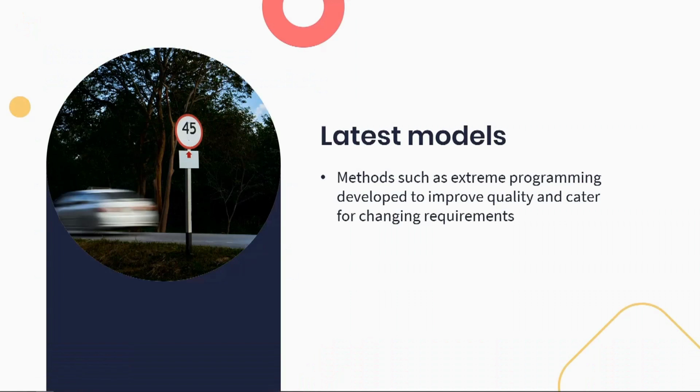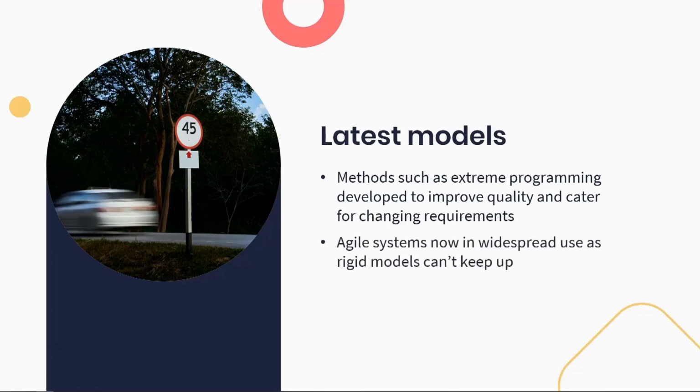Features such as continuous integration, on-site customer, refactoring, and simple small releases drove the development of these models. Today, agile systems are in widespread use, and it makes sense because software development is moving so fast that rigid models just can't keep up and would produce software that is unsatisfactory to the customer.